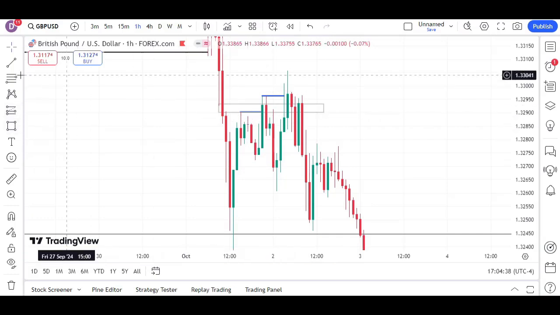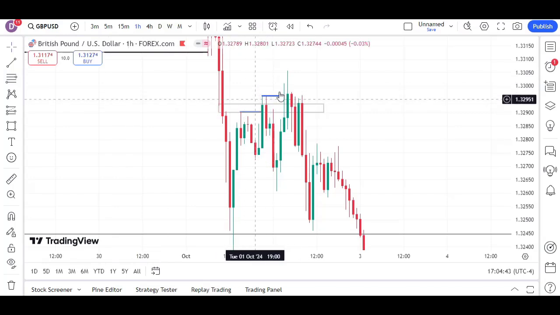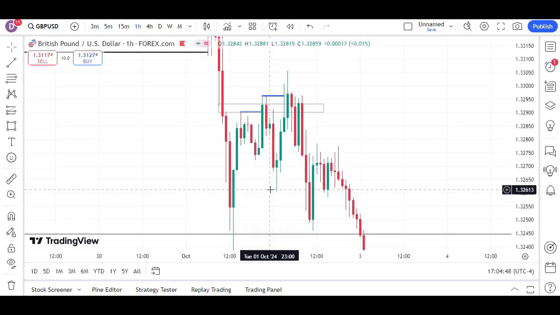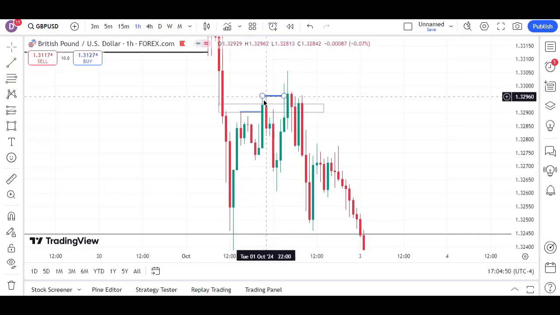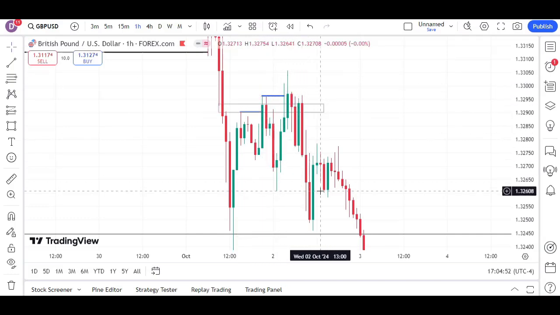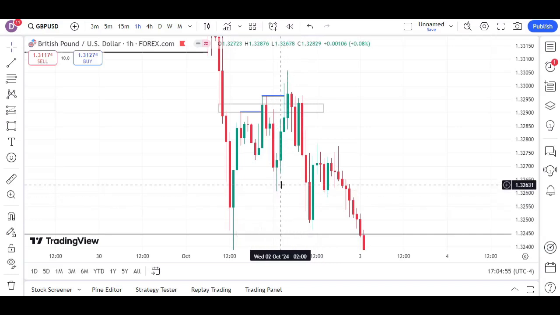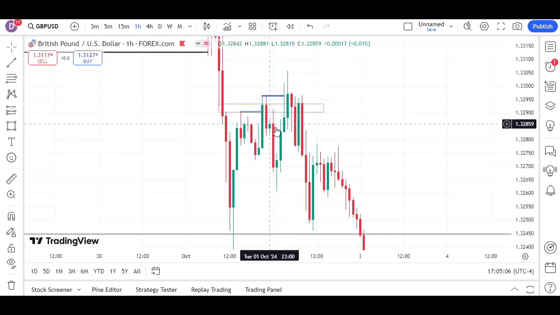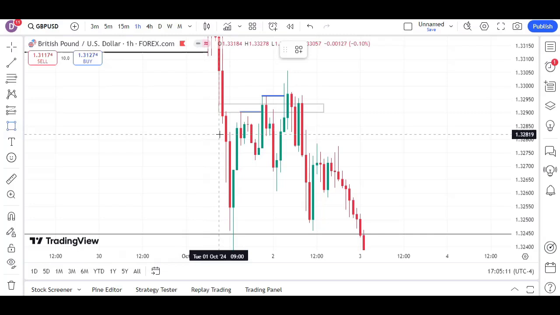Let me explain it once again. When we have a scenario where we have a high, then a low, then a higher high taking out this low, and then a lower low taking out this low, the boldest, strongest, large-bodied bearish candle in that scenario is what we call the ICT breaker block.